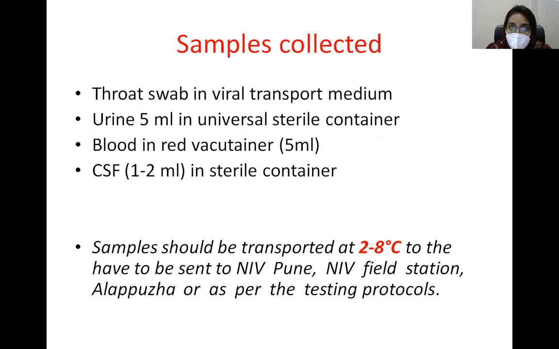We need a throat swab in viral transport medium, around 5 ml of urine in a universal sterile container, blood in a red container, and CSF of 1 to 2 ml in a sterile container. Please note the samples should be transported at 2 to 8 degrees Celsius to the concerned labs. Previously it was sent to NIV Pune, and now also to the NIV field station in Alappuzha, as per the testing protocols.